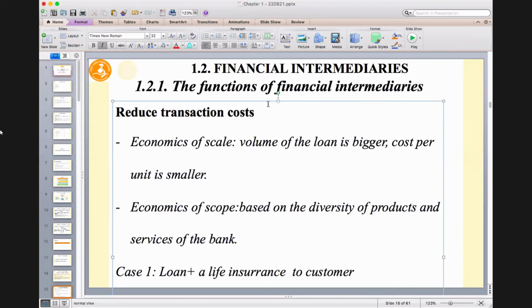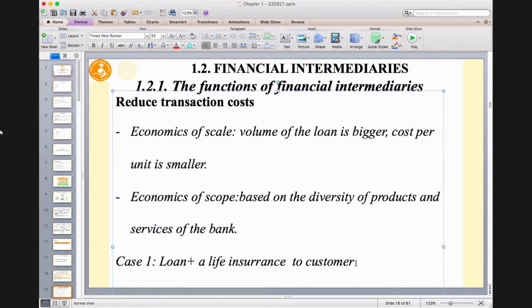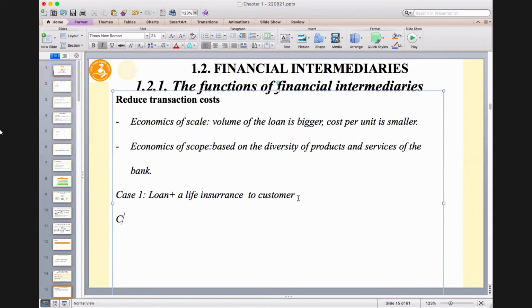And in case two, a bank only provides a loan, while the insurance company will provide a life insurance product.